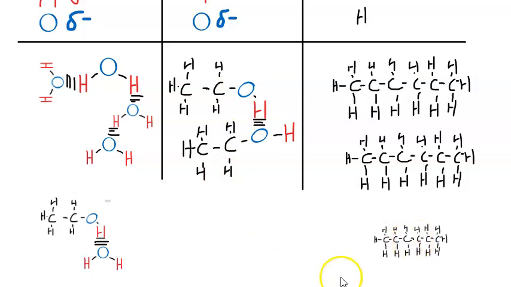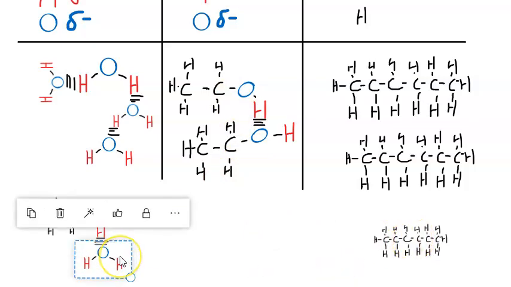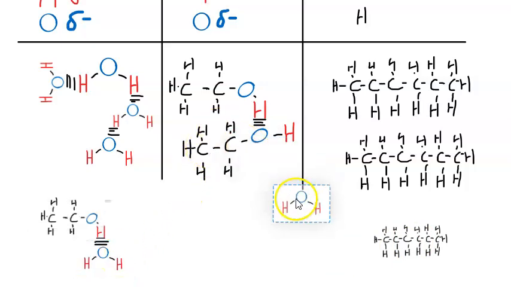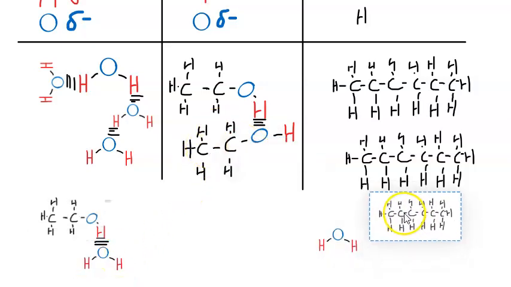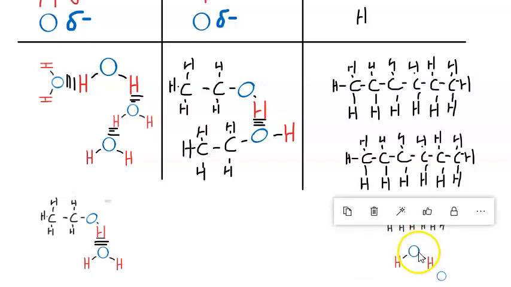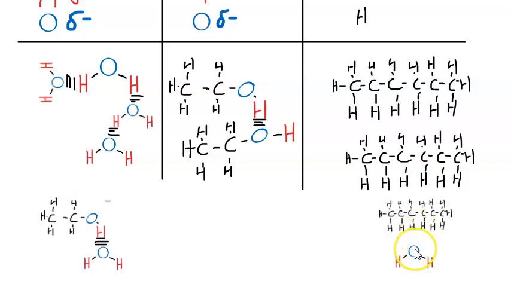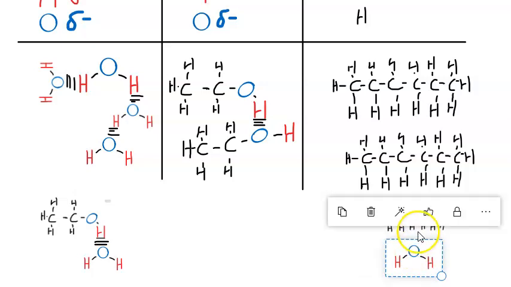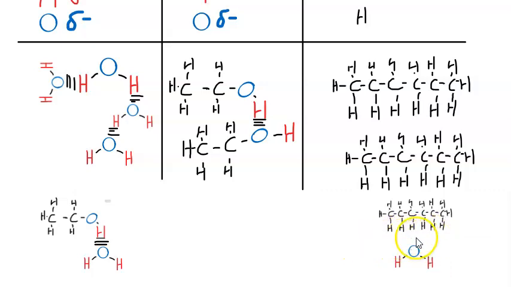If we were to get this hexane and try and mix that with water, there is no polar part on the hexane molecule. So if we've got this water molecule here, it's not going to form any strong attraction between itself and the hexane molecule.